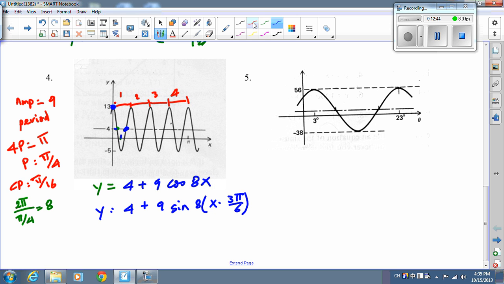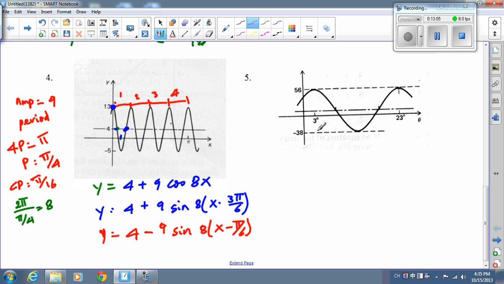Although it says write 2, I will write one more. That can be y equals 4 minus, I want a negative sign, 9 sine of 8x minus pi over 6. In other words, there are multiple ways of writing the equation for each one of these.